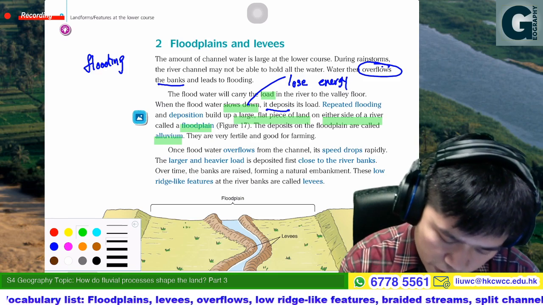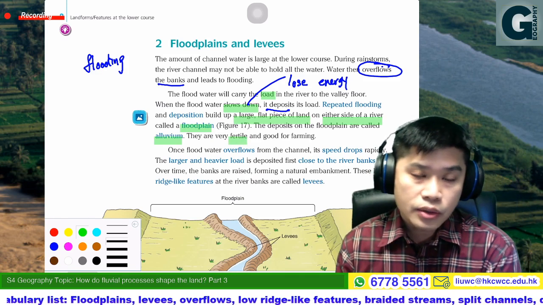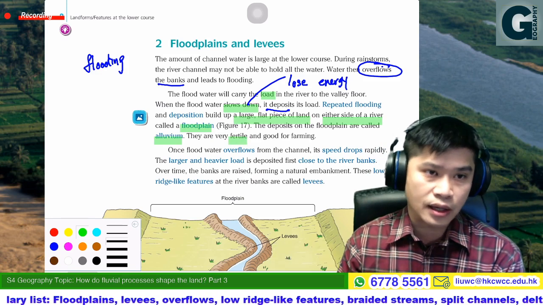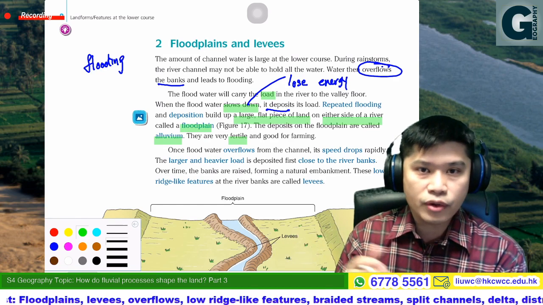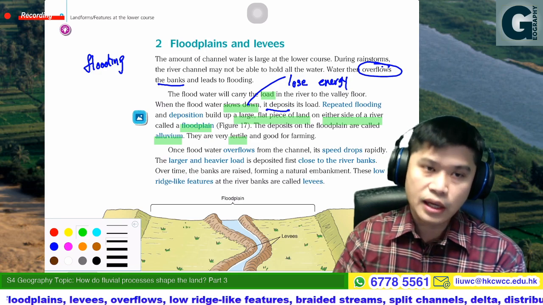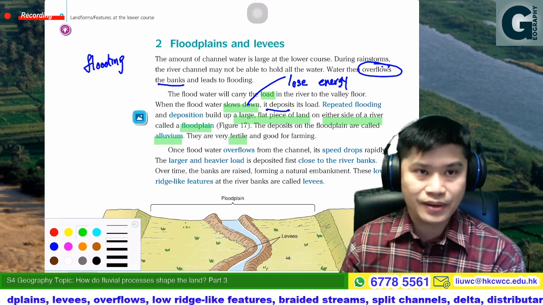They are very fertile and good for farming. So after repeating flooding, the area covered by the river load, the alluvium, will form the floodplain.